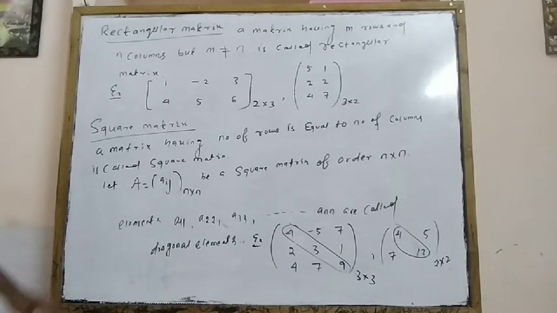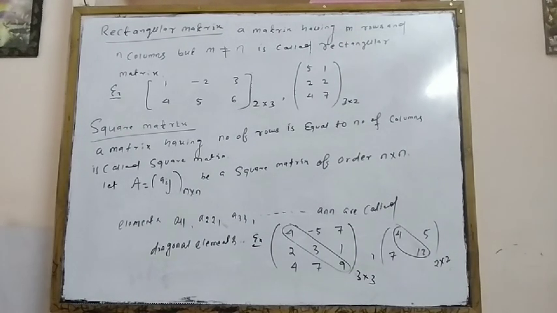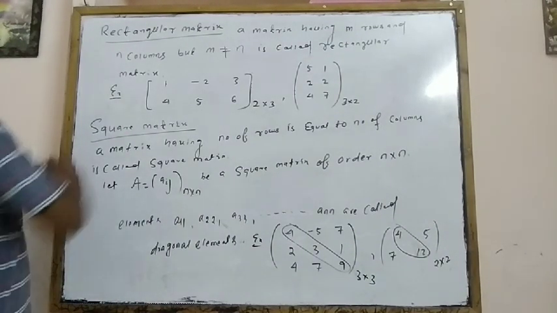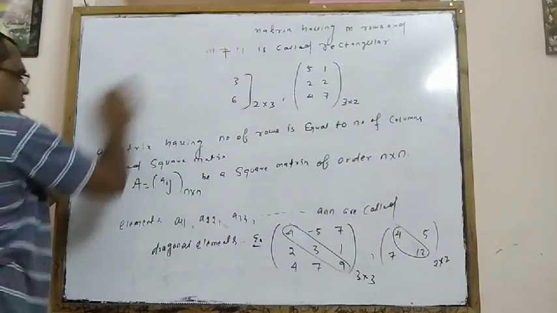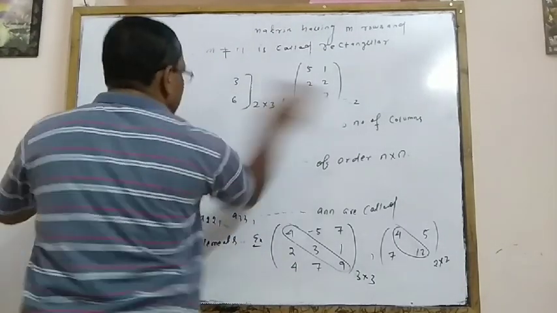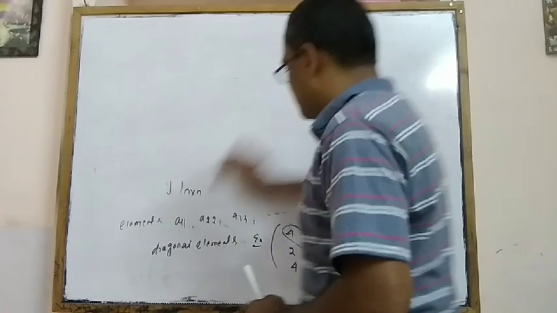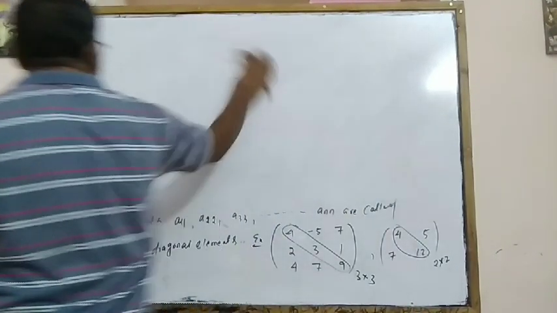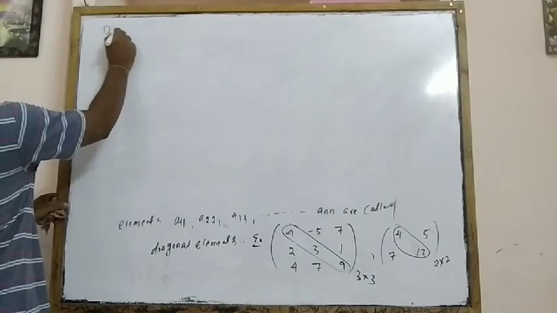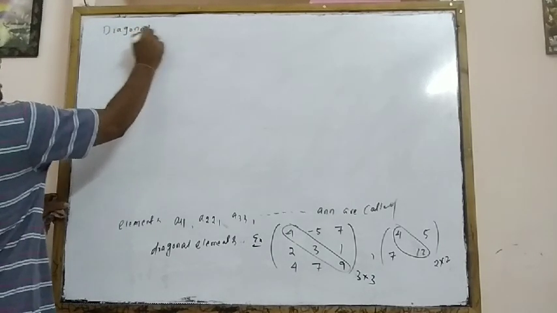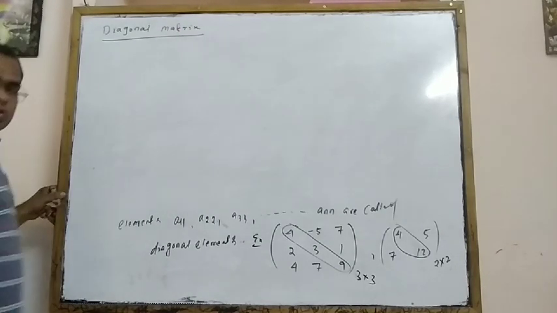Okay, you understand the square matrix. Next we go to the diagonal matrix. After square matrix we need the diagonal matrix. What is a diagonal matrix?